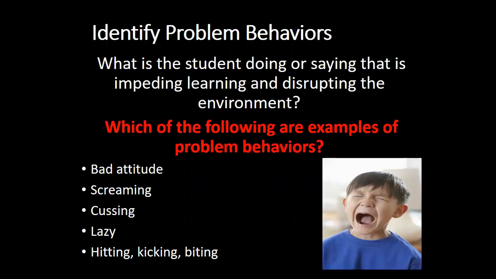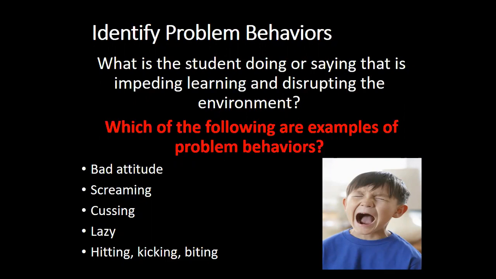When we're trying to identify the problem behaviors, we're asking ourselves this question: what is the student doing or saying that is impeding the learning and disrupting the environment? Look at this list of problem behavior examples down below. Which of these examples are problem behaviors, defined as both measurable and observable?